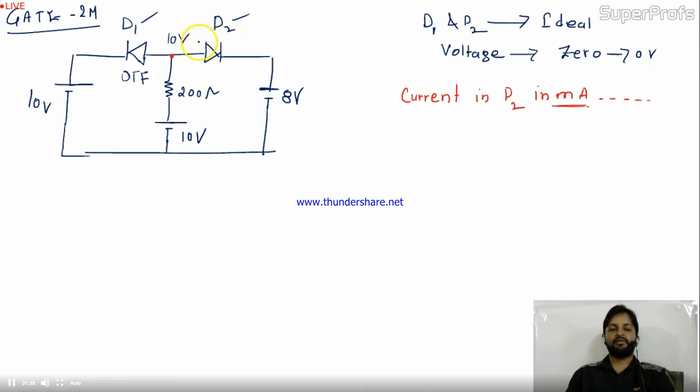When D2 is on, let's take the voltage as 8 volt. It may be greater than this, but let's take 8 volt. If 8 volt is there, this diode will definitely be off, because at the negative terminal of diode D1, I have 10 volt, and at the positive terminal, I have 8 volt. Definitely D1 will be off. Our assumption is correct here.